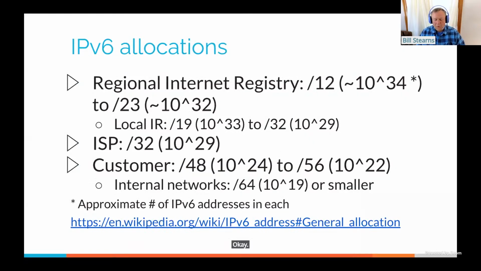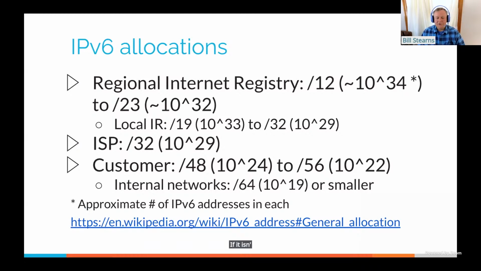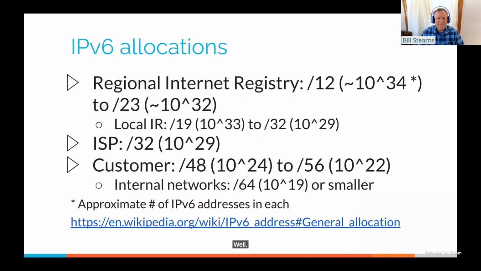So one of the things that comes up is, well, how many addresses do I get for IP version 6? If it isn't already clear, you get more than the single address your ISP gives you for IP version 4. But the question is, how many do I actually get? Well, starting from the top, this slide talks about how many addresses are available.